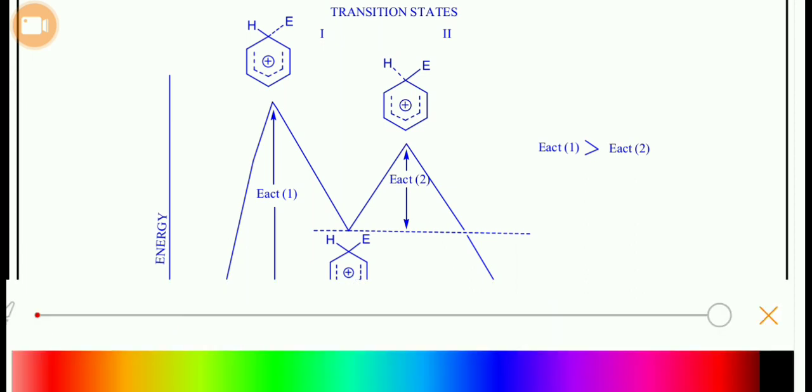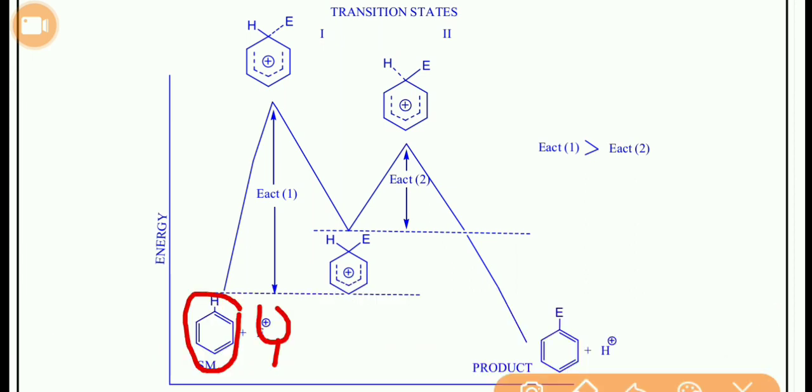Sorry, it's not nucleophile, it's electrophile, and this electrophile then comes into the stage of the transition state. A transition state is a point where the breaking of a bond and the forming of a bond take place together.